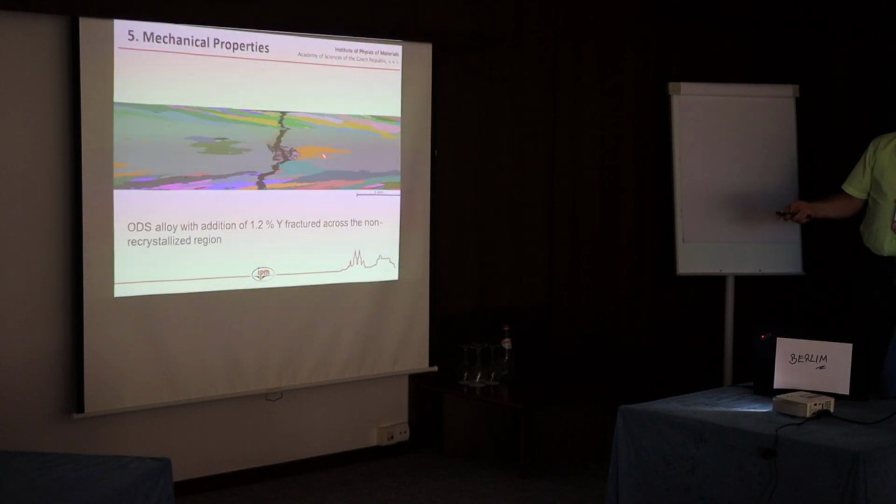So this is one example of one of the stronger specimens, but you can see it still has a small non-recrystallized part, and this is the fracture. So basically there is fracture through the grain, and sometimes there is also intergranular fracture. So this is kind of mixed fracture.